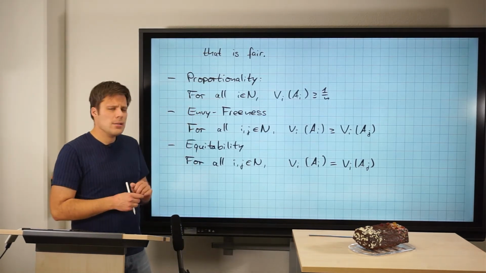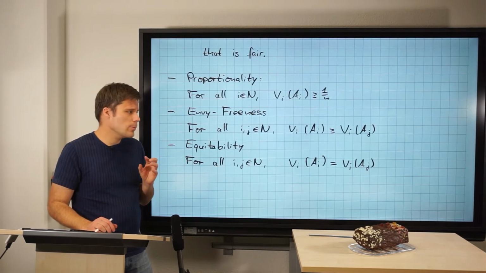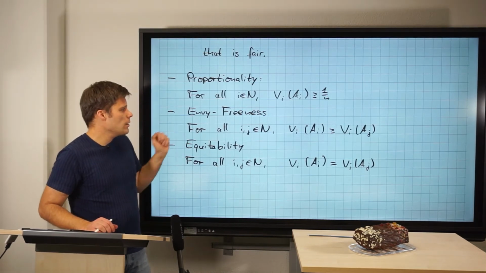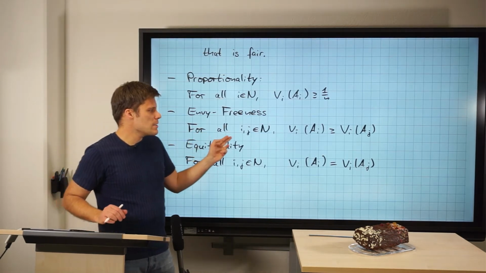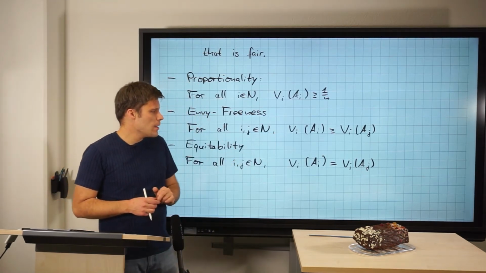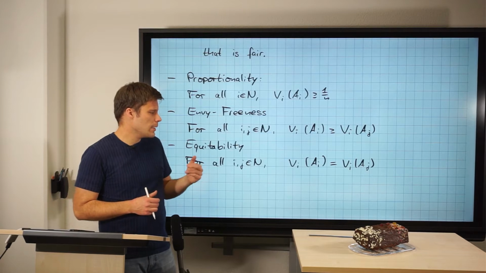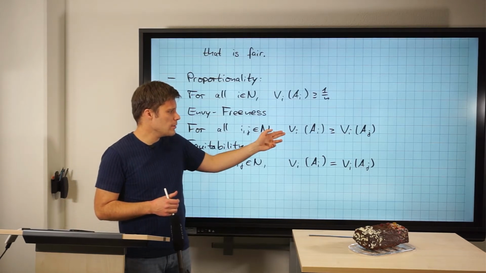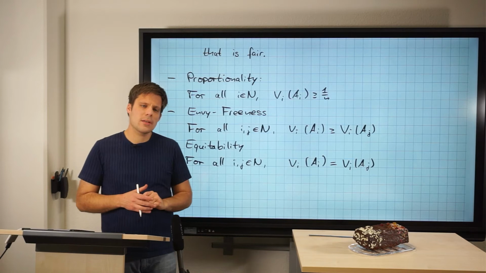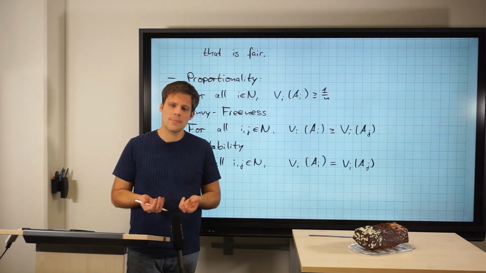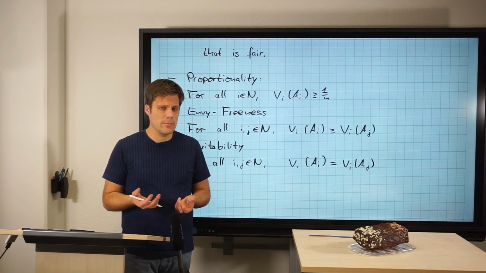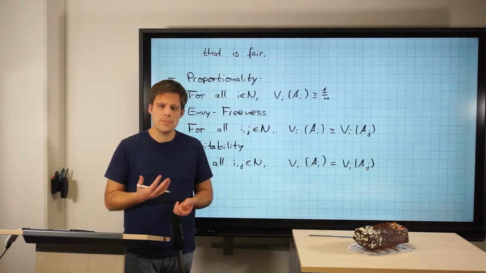And proportionality, that's still weaker than envy freeness, because if envy freeness holds, then you definitely think that you're getting a 1 over n fraction of the cake, because everybody else, from your perspective, shouldn't be getting more than a 1 over n fraction.